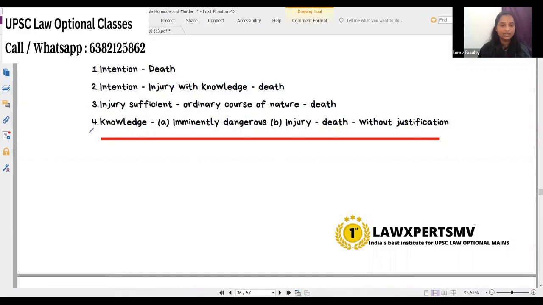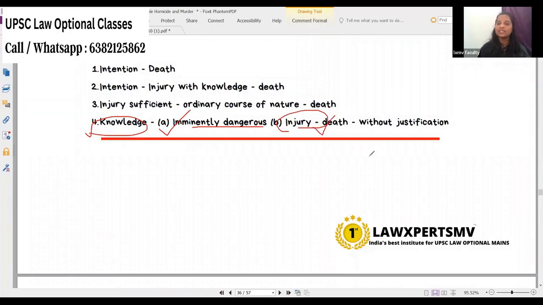In the fourth clause, you commit an act with the knowledge that your act is imminently dangerous. Imminently dangerous means at the very moment it is dangerous. And in all probability, this act is going to result in death of the person. Or you have a knowledge that your act is going to result in a bodily injury which is likely to result in death.